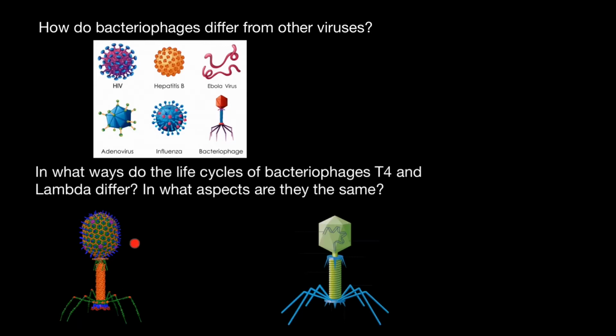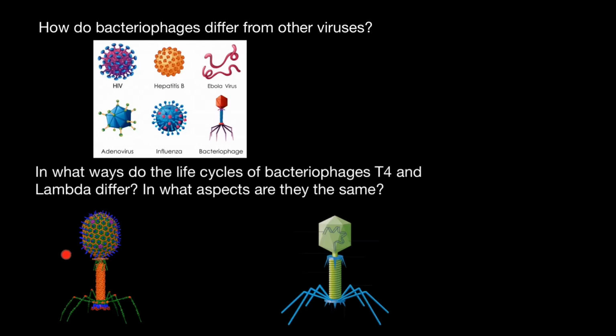It has about 160 genes and is considered to be one of the biggest bacteriophages, and Lambda has between 12-14 genes. But this is not the only thing that these two bacteriophages differ in.